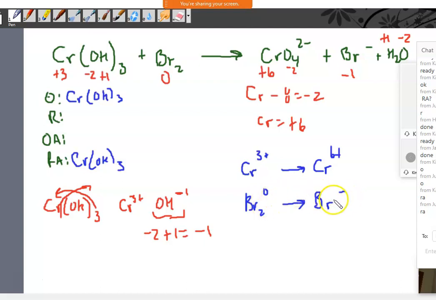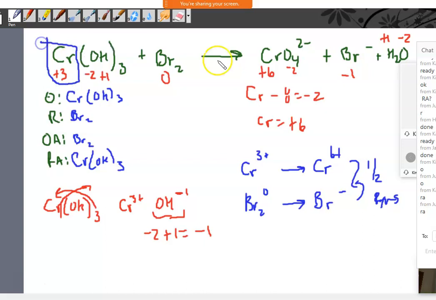So this is clearly gaining electrons. So Br2, and my oxidizing agent is Br2. Okay? So again, these in your book are called half reactions. I think it takes all the clutter, so it just focuses on this, and it just shows me what it's doing. It ignores everything else. Kind of takes all the clutter out.